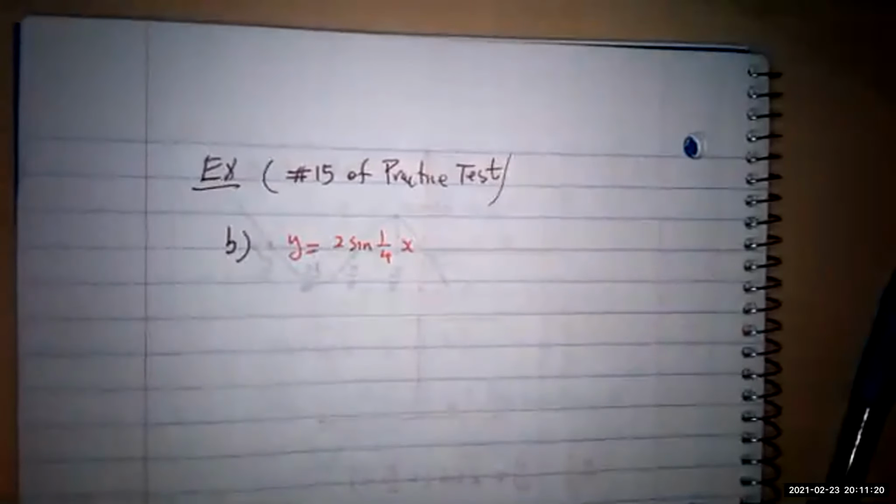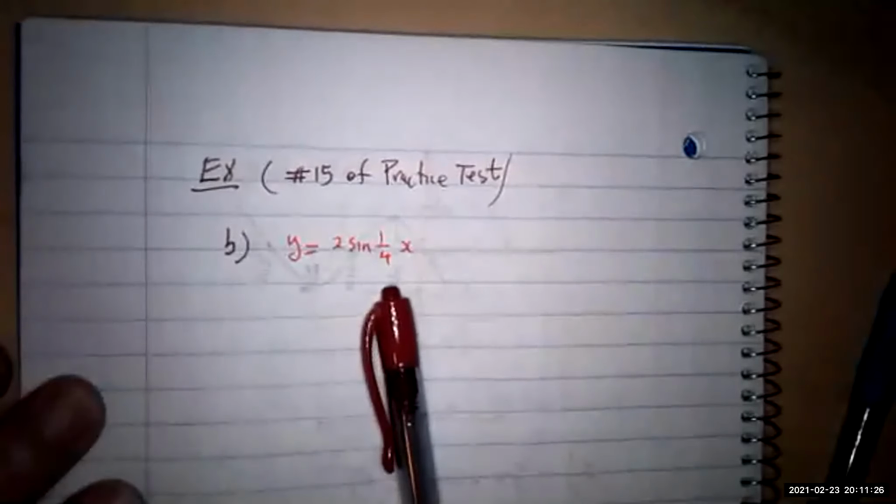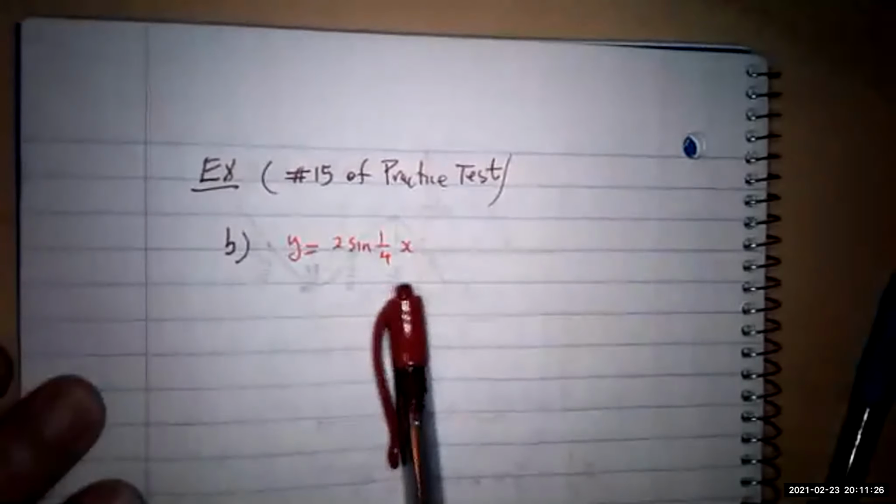So the coefficient b is equal to a quarter. You have to remember to get the period first.